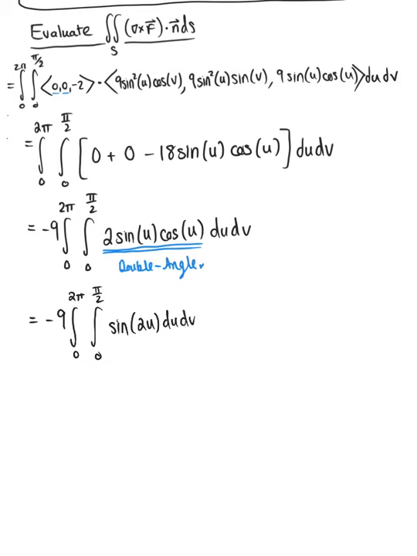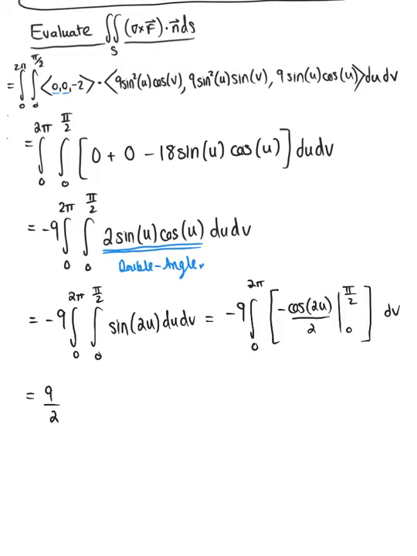And so this is a general antiderivative. This becomes negative 9 times the integral from 0 to 2 pi of minus cosine of 2u over 2, which we'll evaluate now from 0 to pi over 2, dv. So I'm bringing all those constants to the outside.